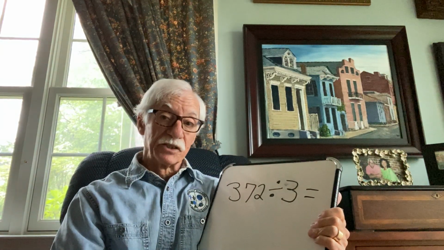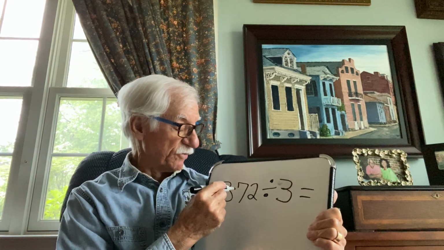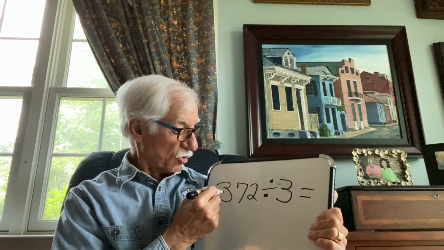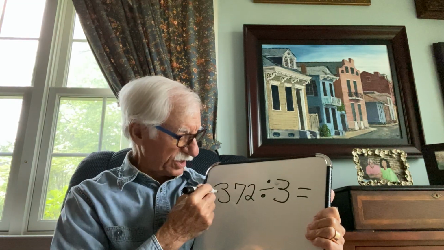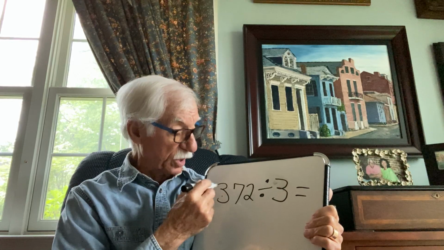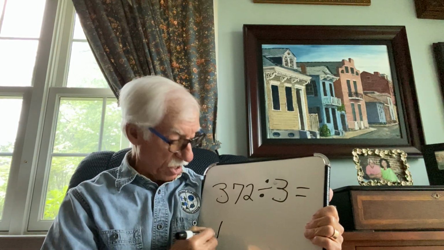So again, let's do our distributive division. And this one's going to be a little trickier. So if I give 300 books away to 3 boxes, each box is going to get 100 books, isn't it?